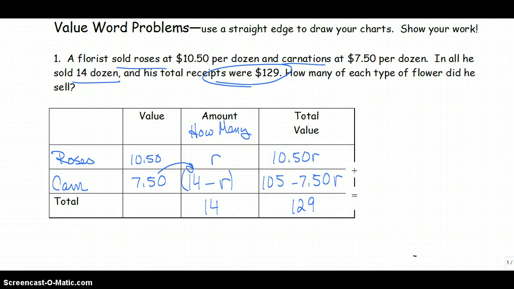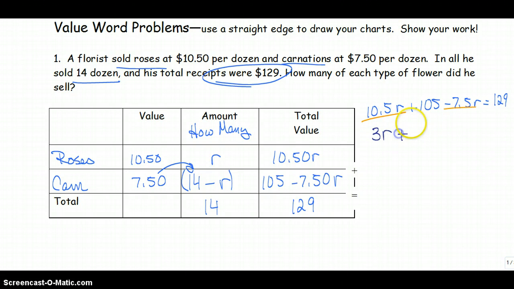So now I have my equation and I can go solve. So I have 10.5R plus 105 minus 7.5R is equal to 129. Now I'm going to combine my like terms. 10.5 combined with a negative 7.5 is going to give me 3R.